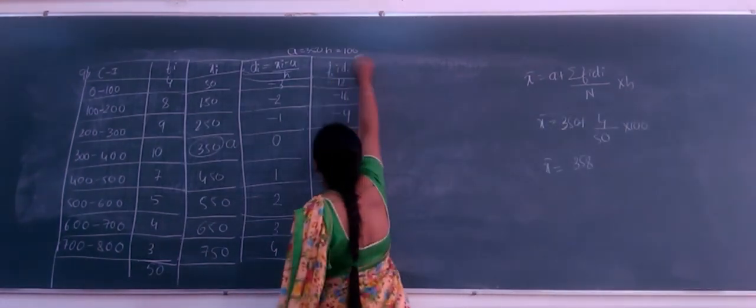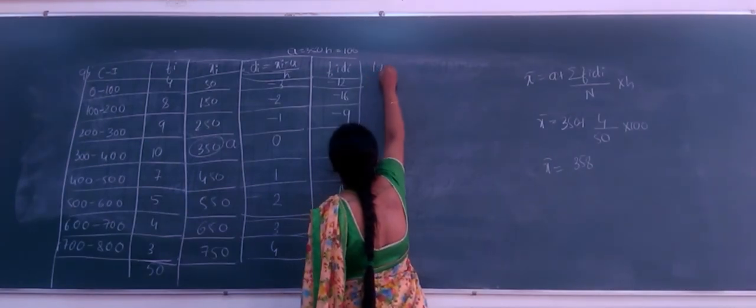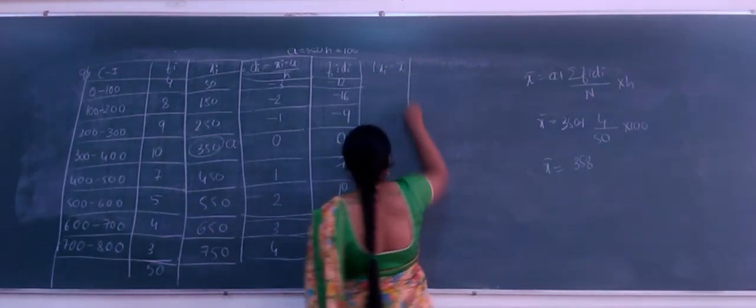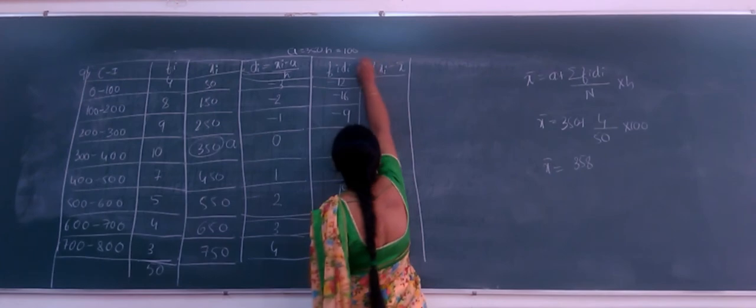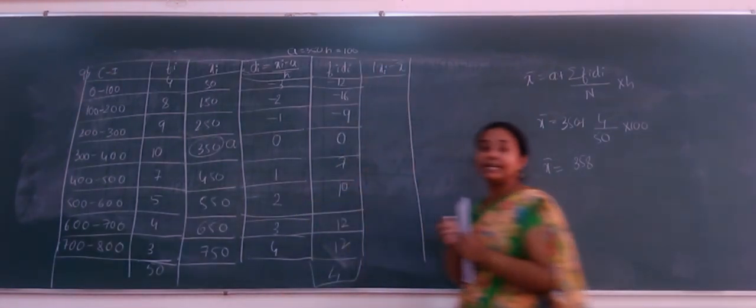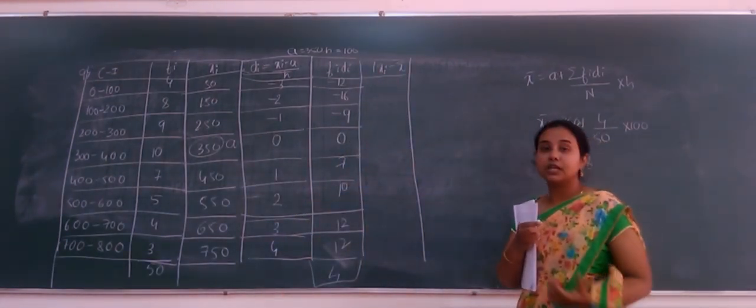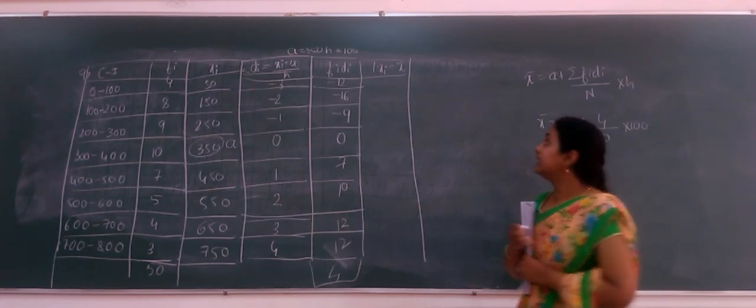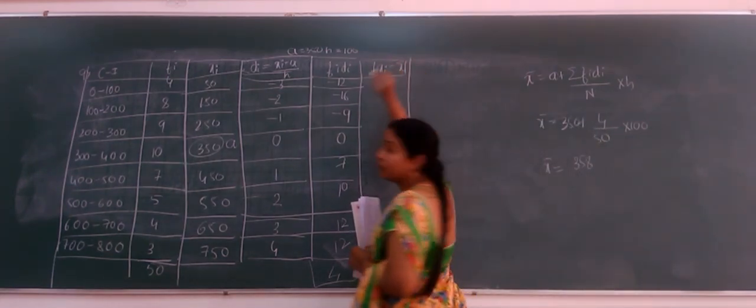Next is what? It is modulus of xi minus x bar. As we have done for many of the problems, I am directly writing the columns. Okay, till now we have used these formulas many times.